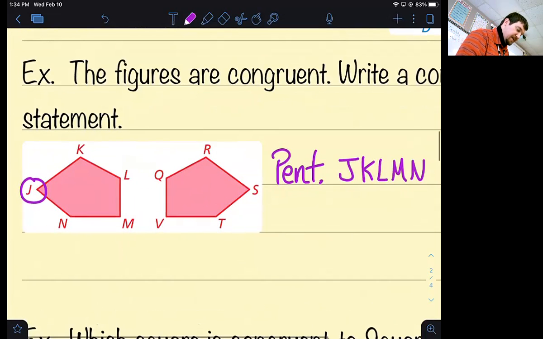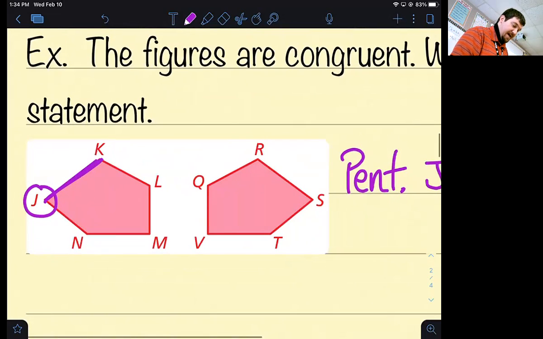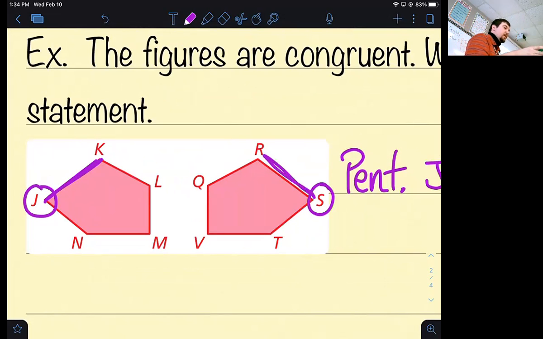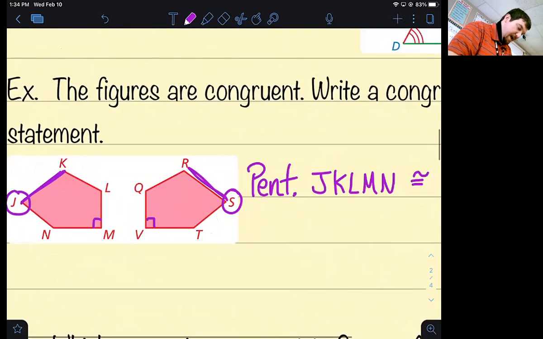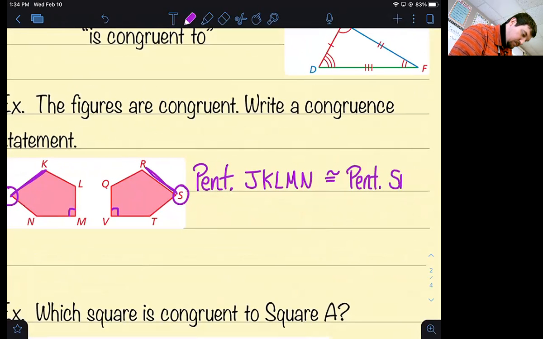Because it's obvious to me that if I start at J, J to K is a longer line segment than J to N. So if I'm starting at S, which J corresponds with, I have to go S to R, which is that same longer segment. And I know that M and V both match up since they're right angles, and the only ones that are right angles. So I'm going to say Pentagon SRQVT.